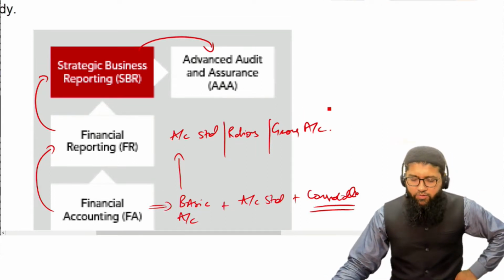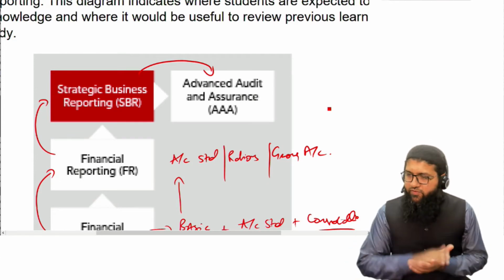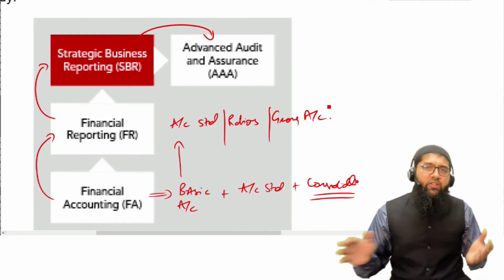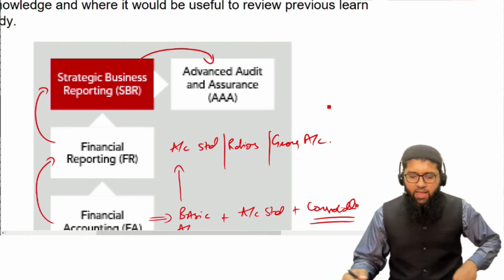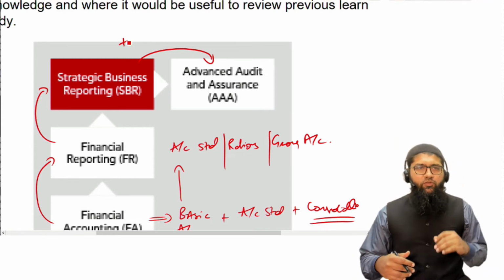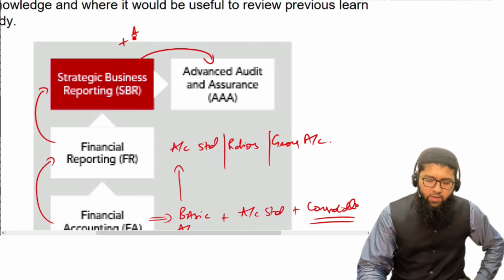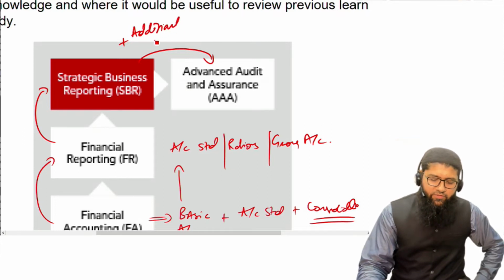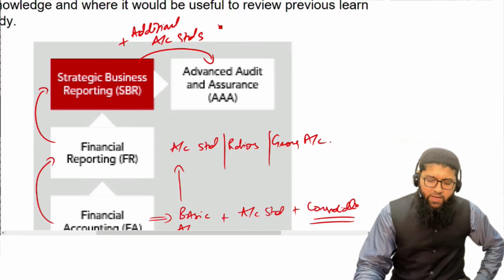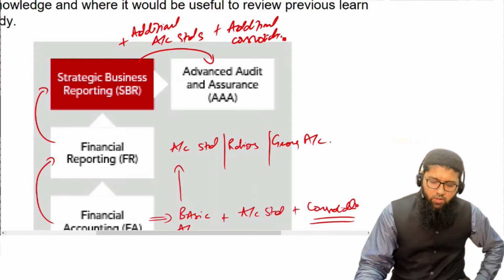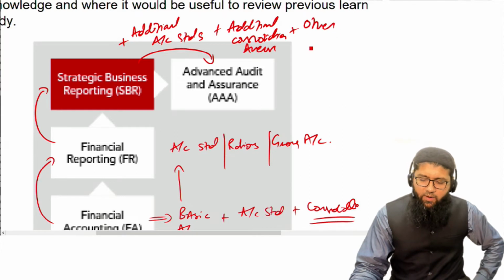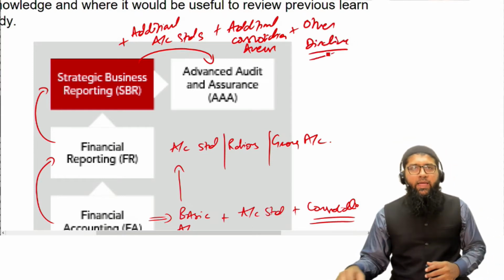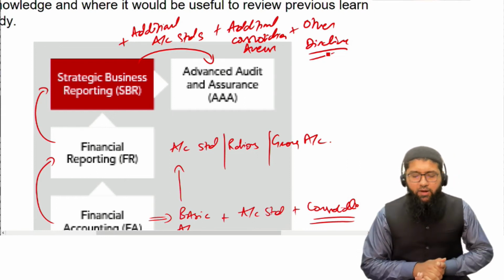Now when we talk about the SBR, every single thing that you have studied at financial accounting and financial reporting is also going to be examinable at the SBR level. Plus, in addition to this, there are going to be additional accounting standards, additional consolidation areas, and furthermore other directives and other things issued by the IASB which are part and parcel of the syllabus.